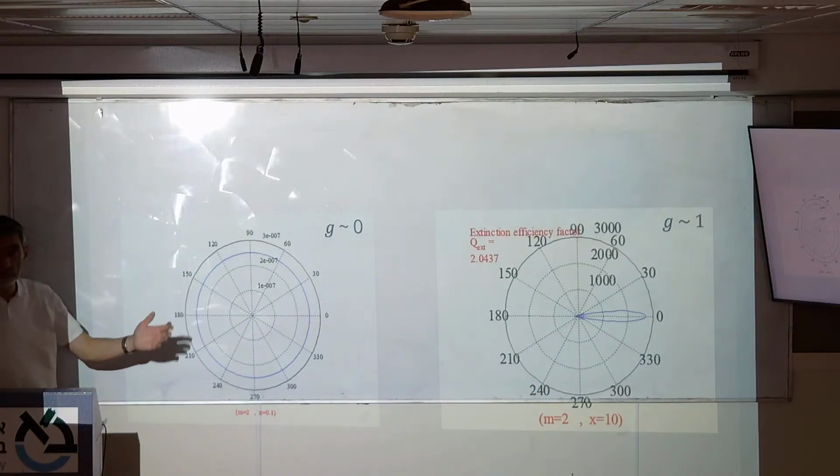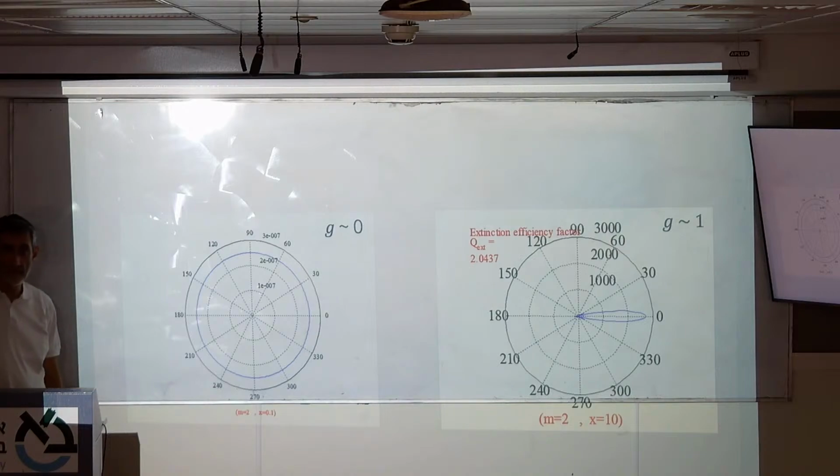A small particle, for sure, blocks energy. Because you have a forward component, and because of the theorem that we saw, the cross section will be proportional to the imaginary part of this S0. So this tells you that the cross section is large here because you have a large component in the forward direction.